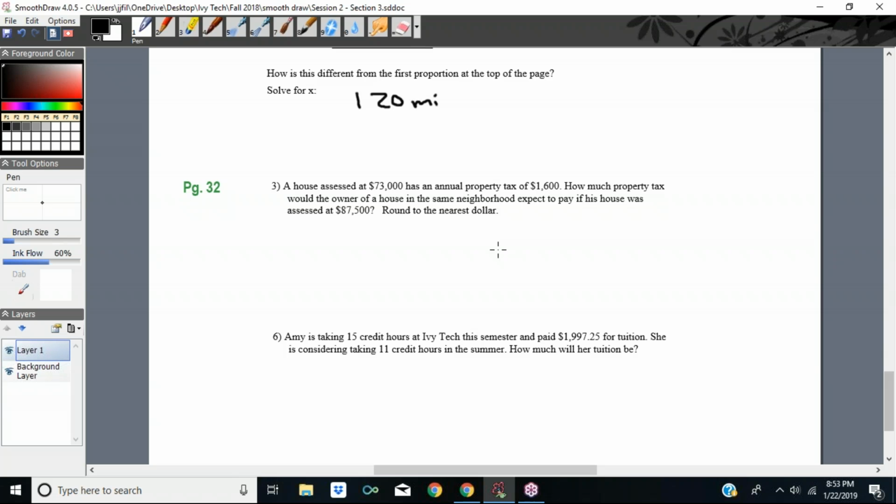And so it says a house was assessed at $73,000 and has an annual property tax of $1,600. How much property tax would the owner of a house in the same neighborhood expect to pay if his house was assessed at $87,500? And what I'd like you to do is take a minute and set the problem up on your paper wherever you are before I set mine up. Take a second, set that up.